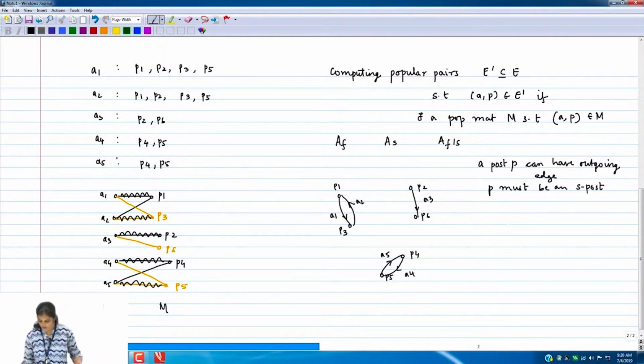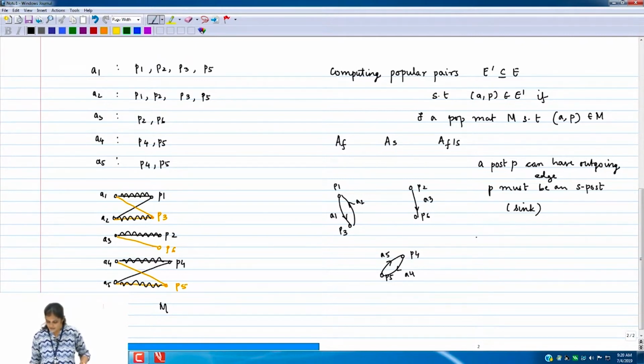So we will also call this a sink. This is typically called a sink, that is, it is a vertex from which there is nothing to go out, right. So it is a sink vertex. So here P6 is a sink vertex, there is no other sink vertex, right.